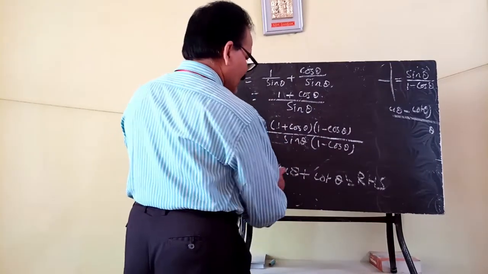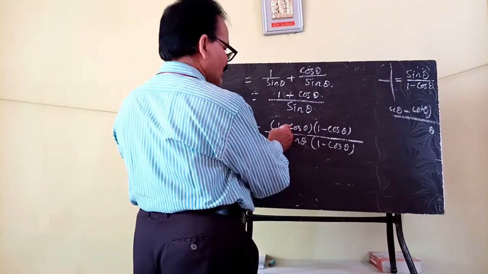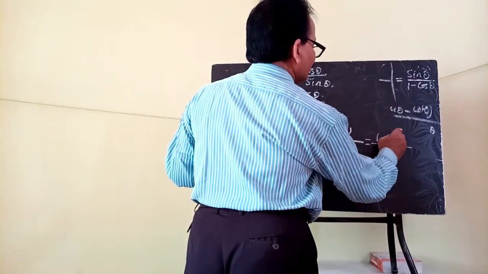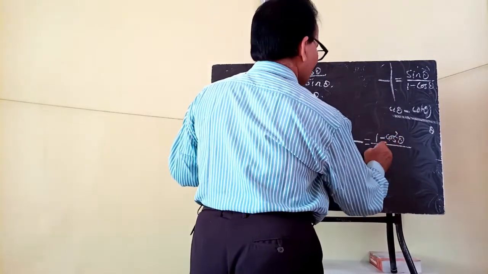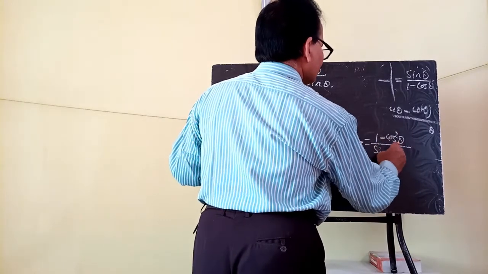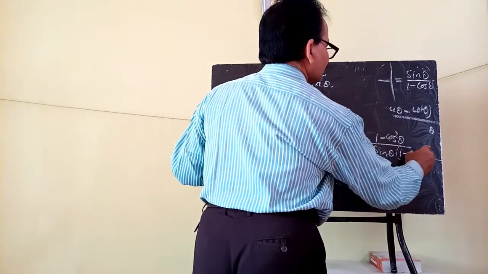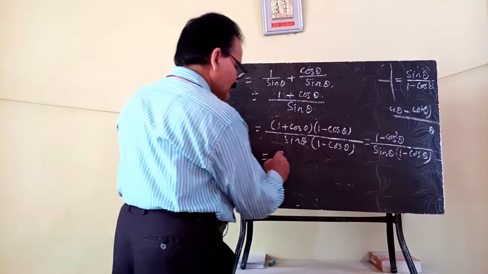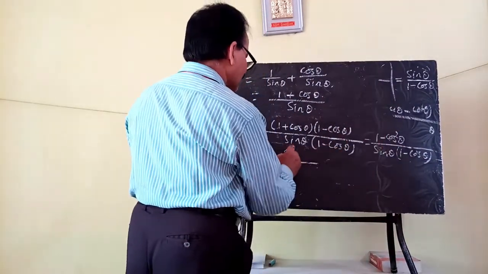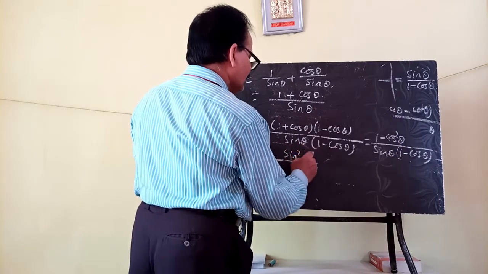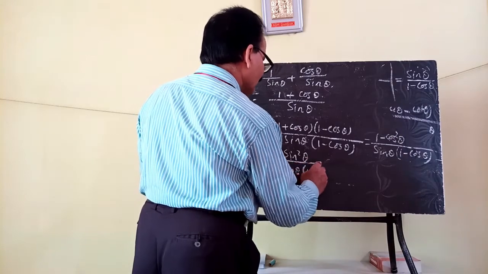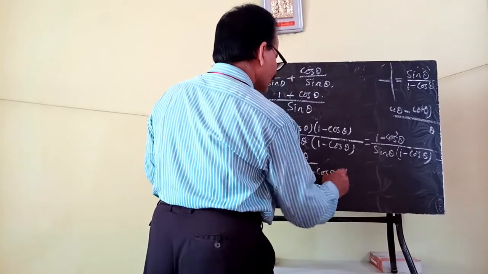After this multiplication, a plus b into a minus b form, this will be your 1 minus cos square theta by sin theta into 1 minus cos theta in the denominator. For 1 minus cos square theta is your sin square theta by sin theta into 1 minus cos theta.